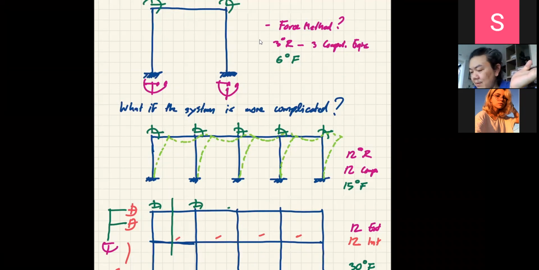Okay, so how many degrees of freedom are we going to have if axial deformation can be neglected? Not 10. We can neglect 5 in the vertical directions, but we're going to need some for the horizontal movement.